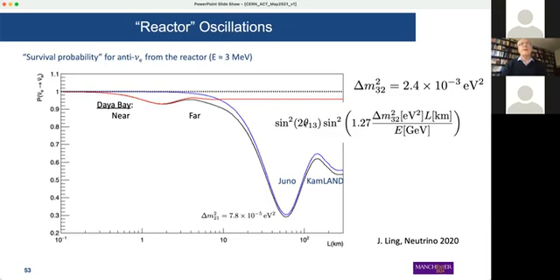The oscillations are driven by this angle theta 1,3 and this mass difference squared, this frequency of delta, the larger one, the atmospheric one.